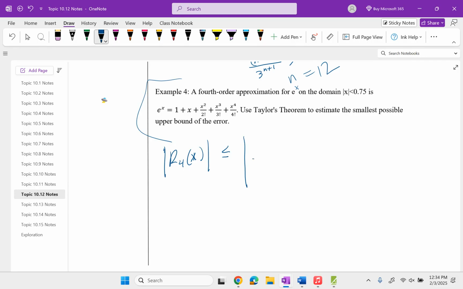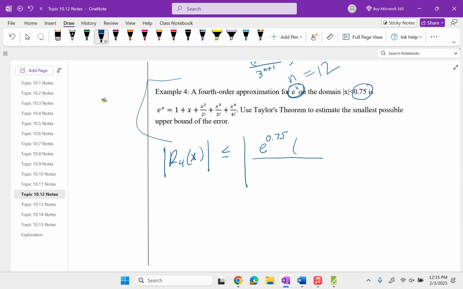What's our function? It's e to the x, isn't it? Okay. So last time we had an e, we just plugged a 1 in for it, right? Do we have 1 this time? What's the biggest number that can be in our domain? Yeah, so it'd be e to the 0.75, whatever that number is, okay?